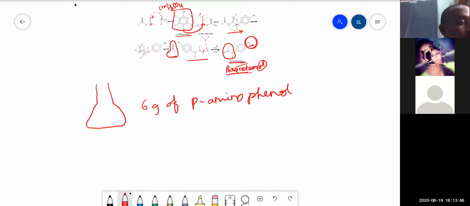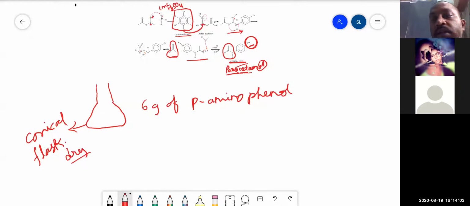Before we take this conical flask of 100 ml, it must be completely dry, because if it has moisture or water, the acetic anhydride will hydrolyze to form acetic acid, which cannot acetylate the amine group.